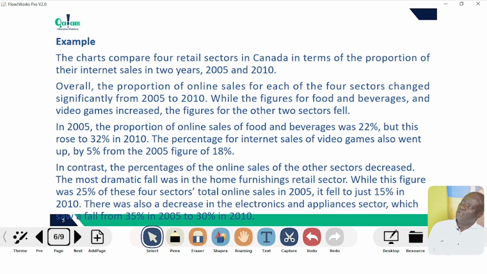We are seeing, like, from the food and beverages from 22% to 32%, there was an increase of 10%. An increase of what? 10%. Wow.